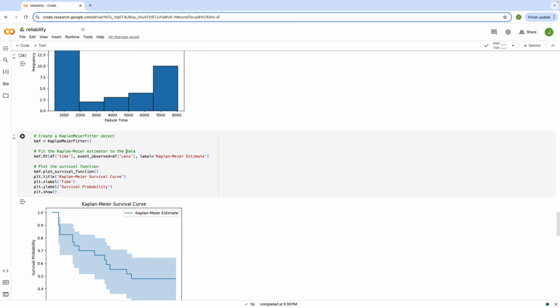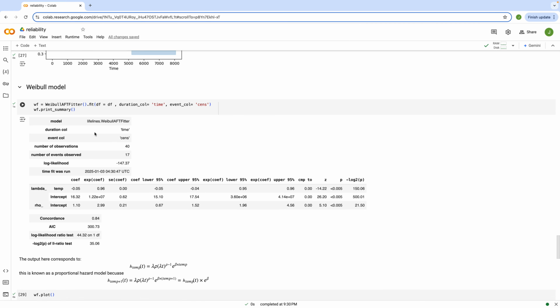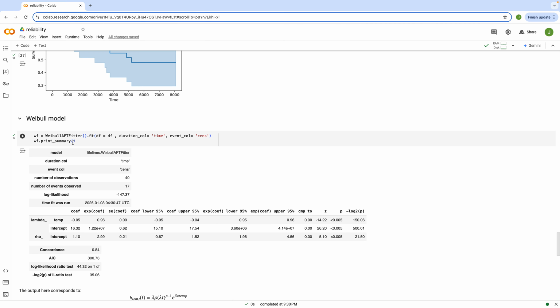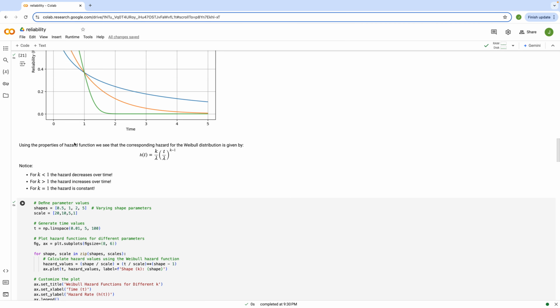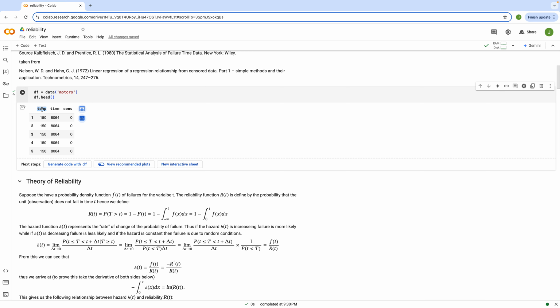As I mentioned, this histogram indicates there could be more going on, that the Weibull curve is perhaps not the best model for this data. But I want to point out that in our data, we also have this variable called temperature.